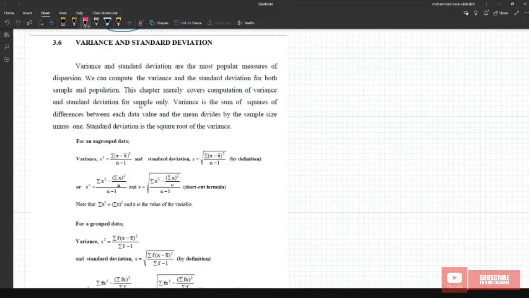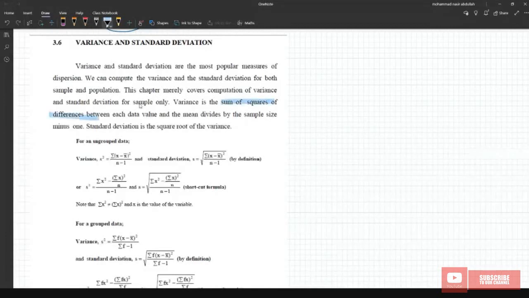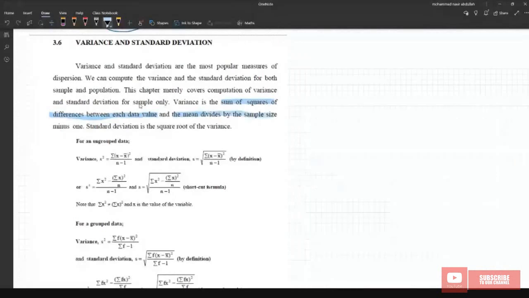We can compute variance and standard deviation for both sample and population, right? So in this chapter, we will only calculate sample variance and sample standard deviation. So the definition of variance is the sum of square of difference between each data value and the mean divided by sample size minus 1.